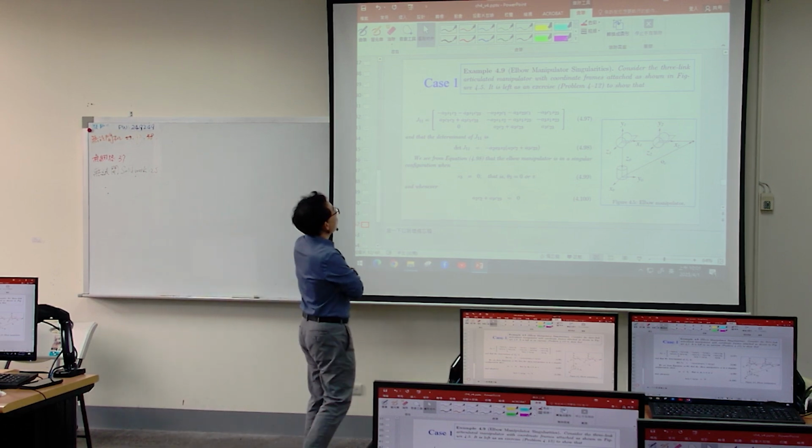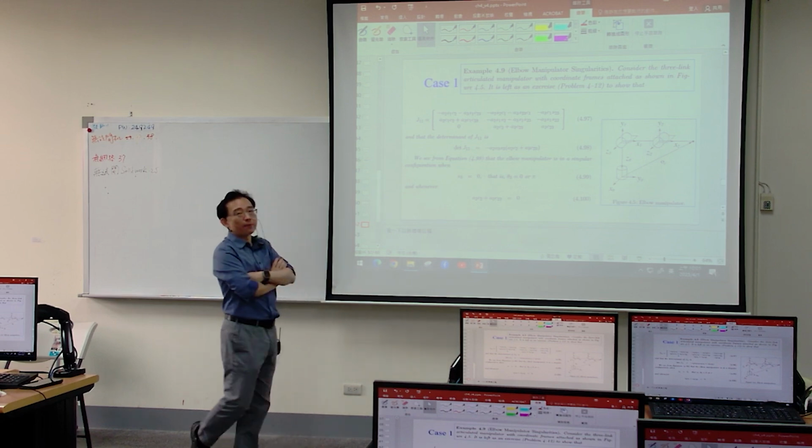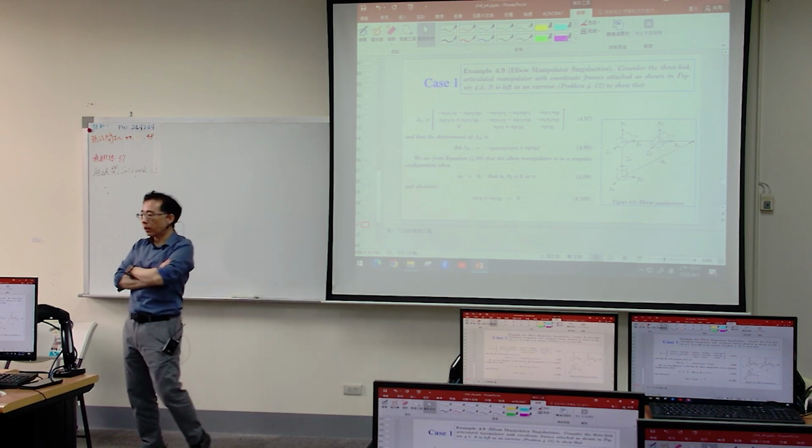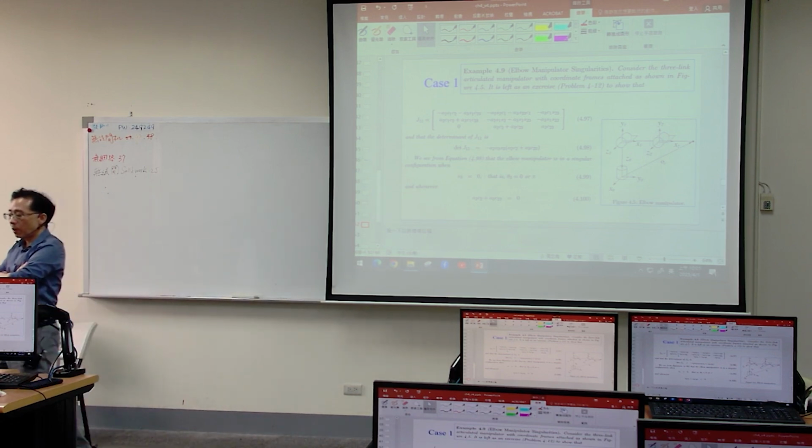Once you have J11 and you find its determinant, the final result you found is equation 98. A2 and A3 are the arm lengths, and S3 is sine theta 3.